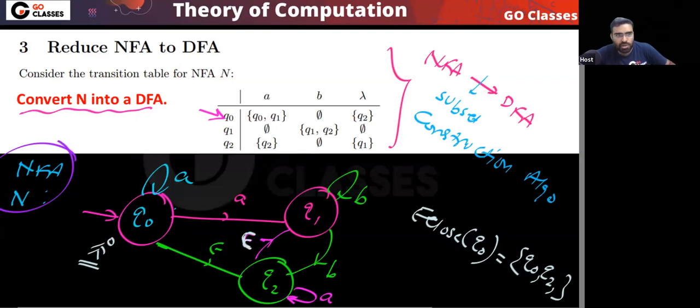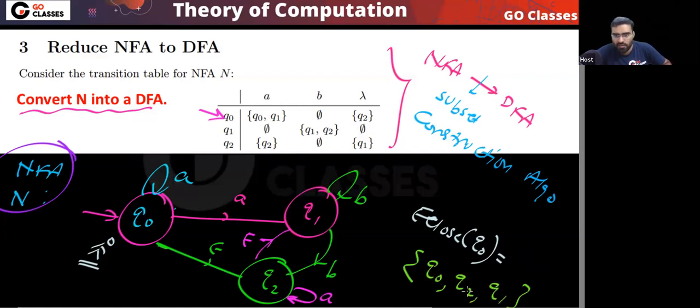So the null closure of Q0 will be Q0, Q1, Q2. From Q0, for free, you can go to all the states. So your initial state will be Q0, Q1, Q2.